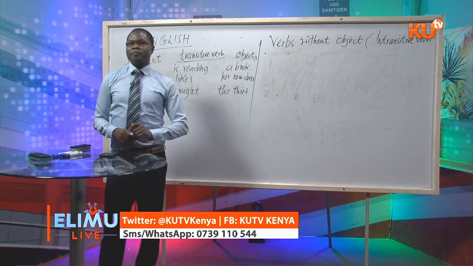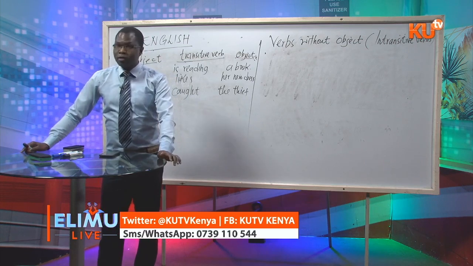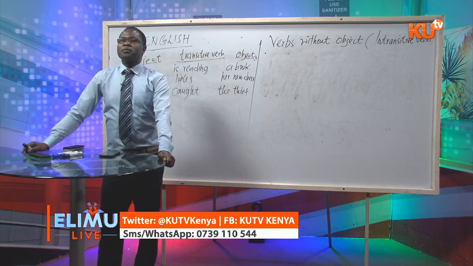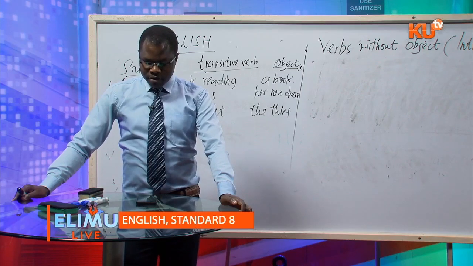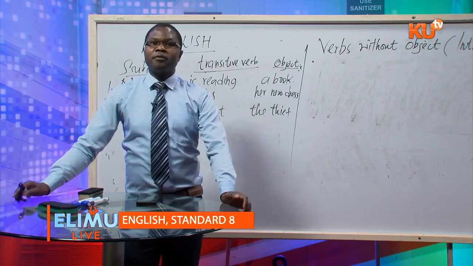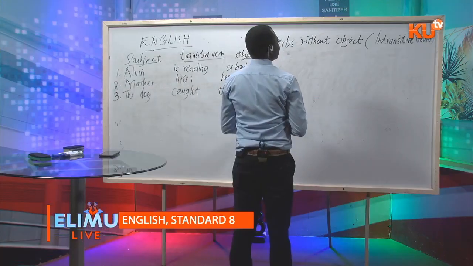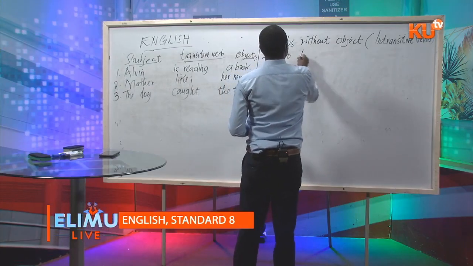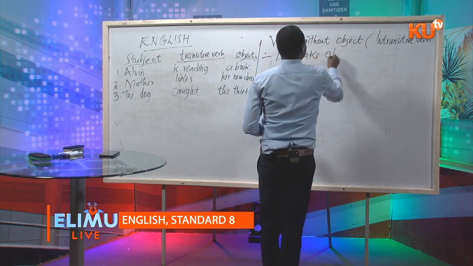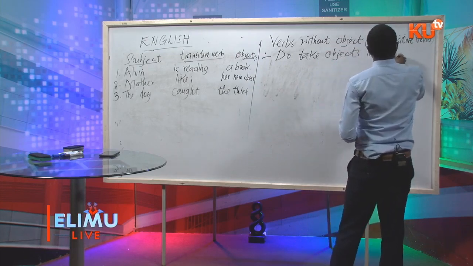Unlike the first group, where we said there is a subject, there is a verb, which is an action word, and finally an object, in this case they do not have objects. So we say verbs without objects do not take objects in their sentences.